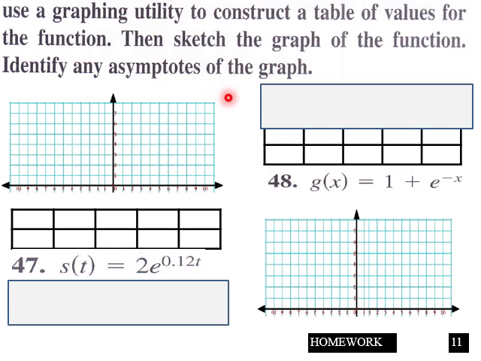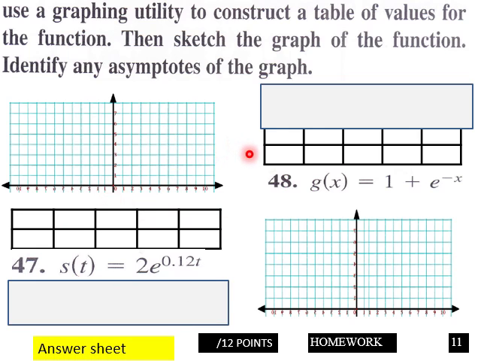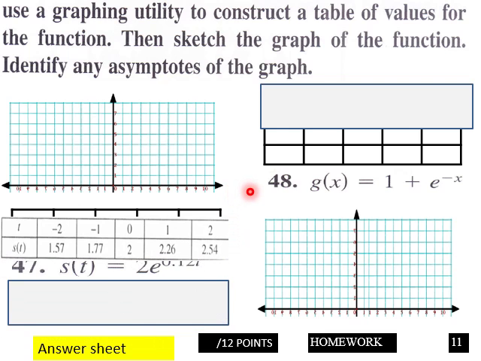Okay, getting into our examples here for sketching the graph of these functions. We have tables, and then we have a graph grid, and then we have a description box here to identify any asymptotes; put those in this box here. So let's do 47. S of t equals 2e to the 0.12t.